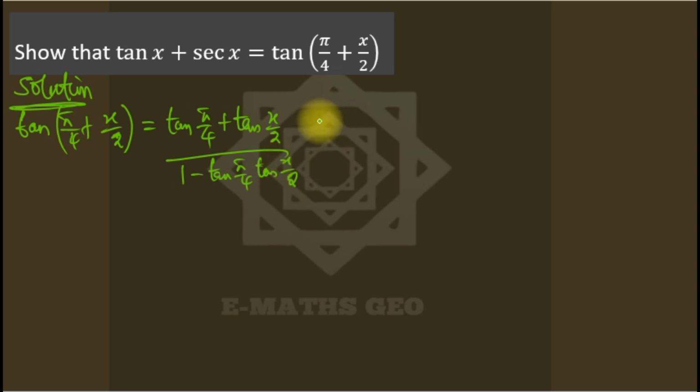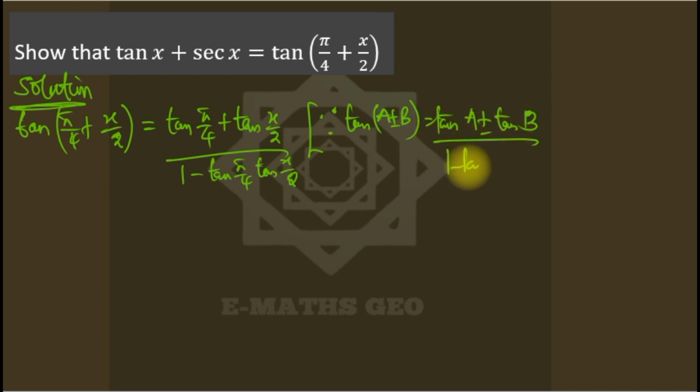If you could remember, our addition formula for tan: tan of a plus or minus b is equal to tan a plus or minus tan b over 1 minus or plus tan a tan b.